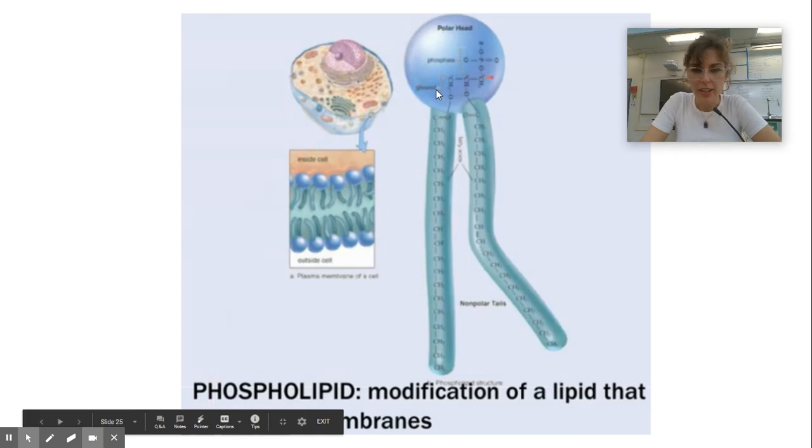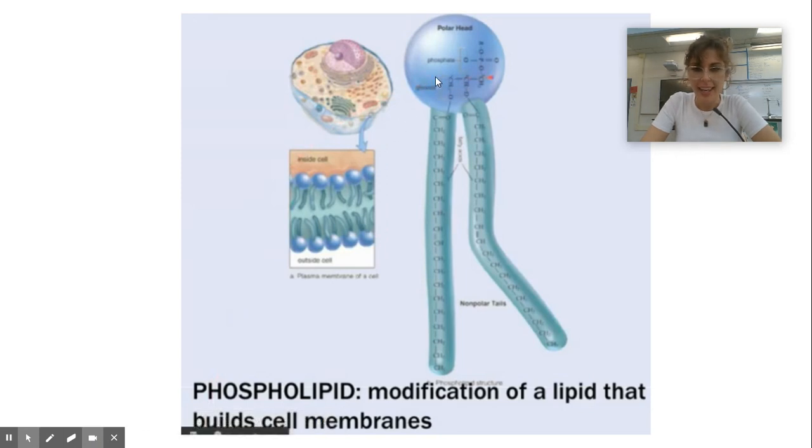We see our glycerol here, and instead of that third fatty acid, we can see it has that kind of kink, so it's kind of kicking its leg out. So where is that third fatty acid? Well, it is replaced by a phosphate group up here, okay?